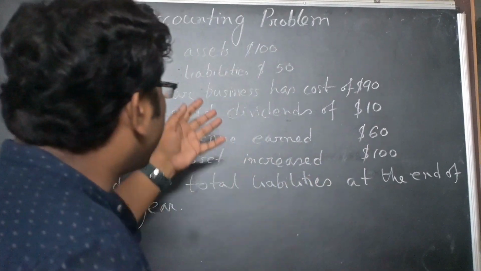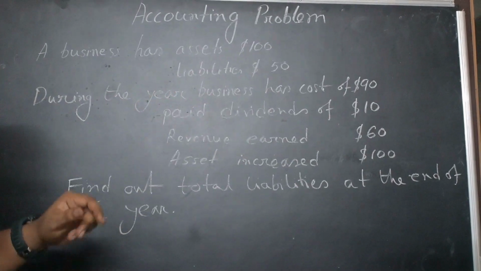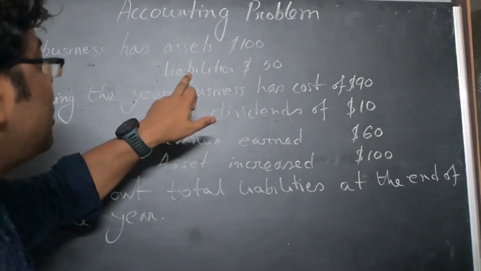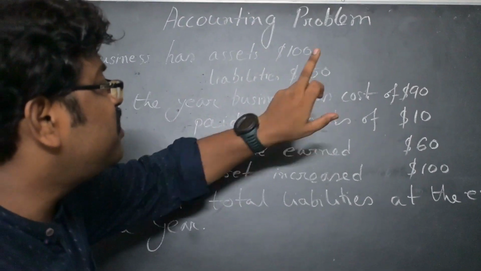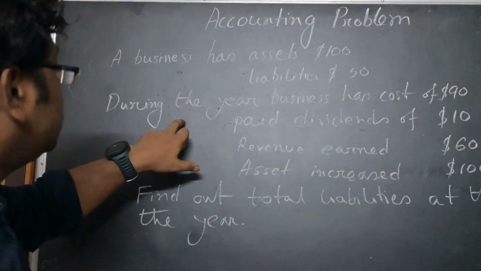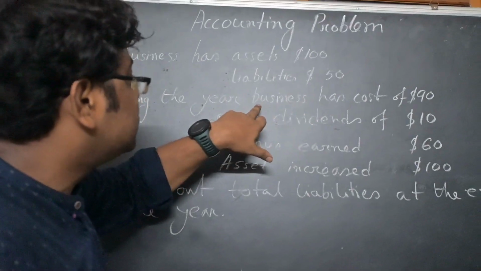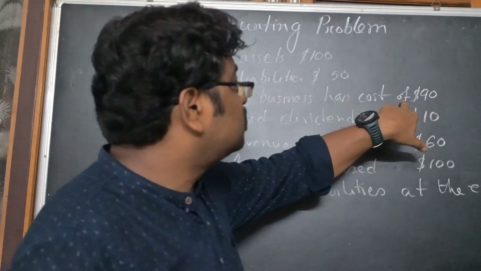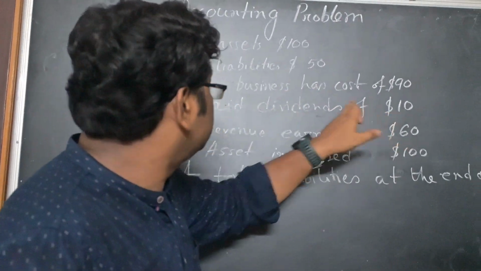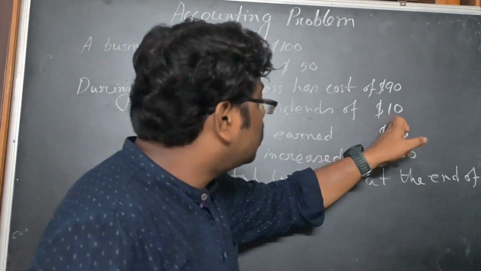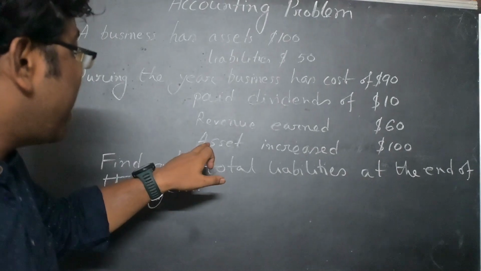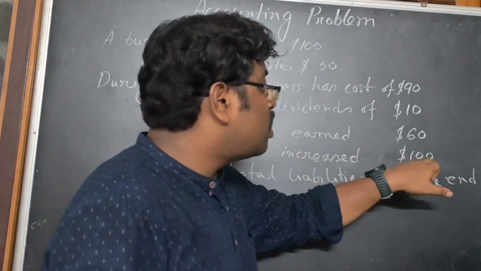Look at the blackboard, and you can find that assets are 100 in the beginning and liabilities are 50, and there is no information about the equity. During the period there is a cost of $90, dividends paid of $10, revenue earned $60, and assets increased $100.